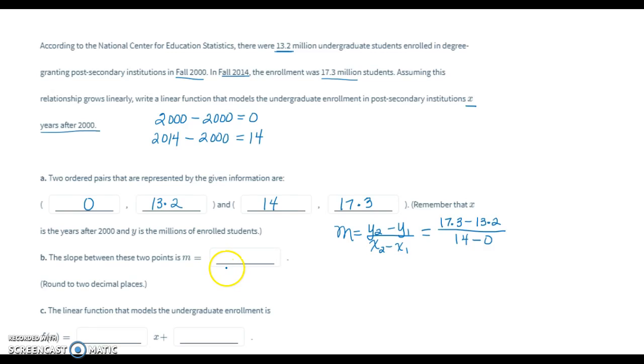If we round that to two decimal places, we get 0.29.